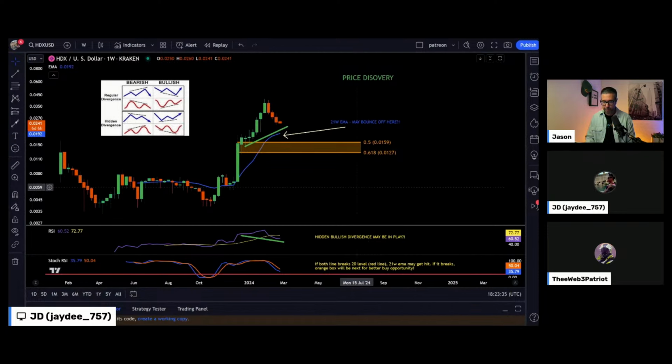But we need to keep our emotions in check, because when we are at overbought territory at extreme greed, that's the time to start taking a little bit of profits. So we'll make sure to take calculated profits when that time comes. Alt season is coming, and it's going to be a very fun ride for us. But this is what I see on HDX.